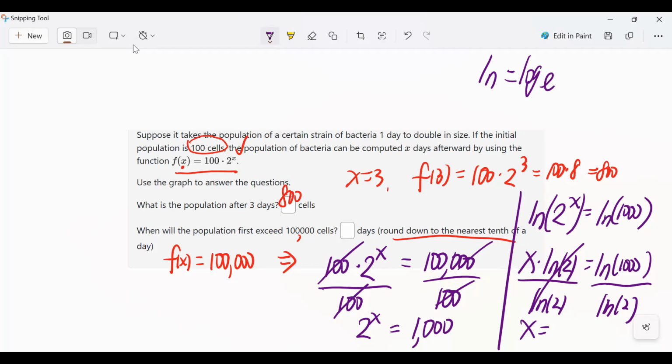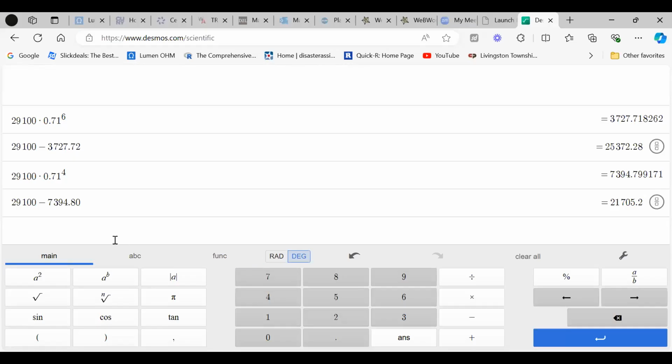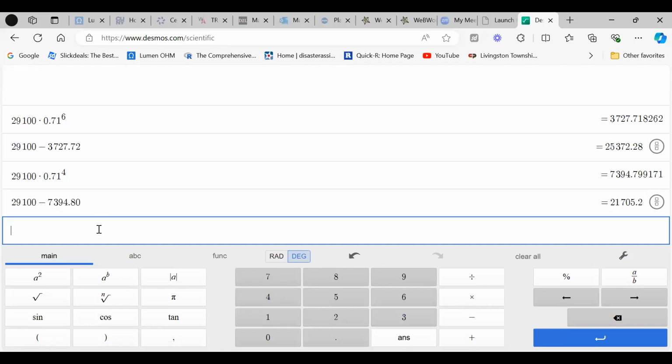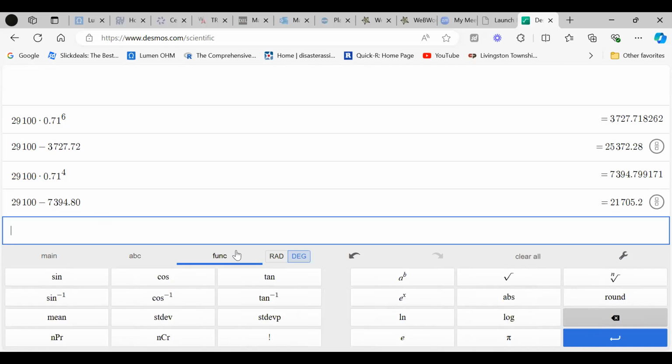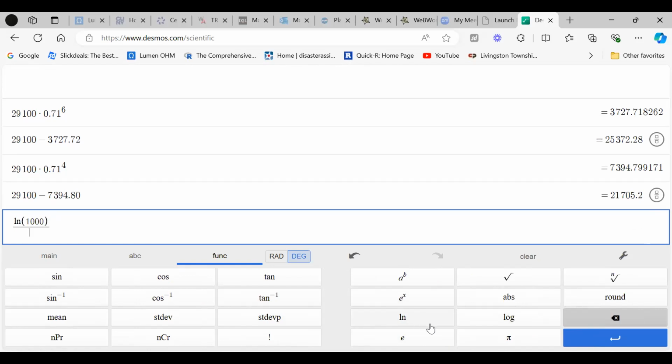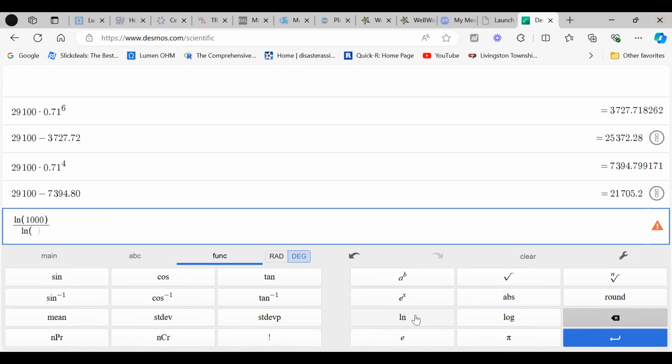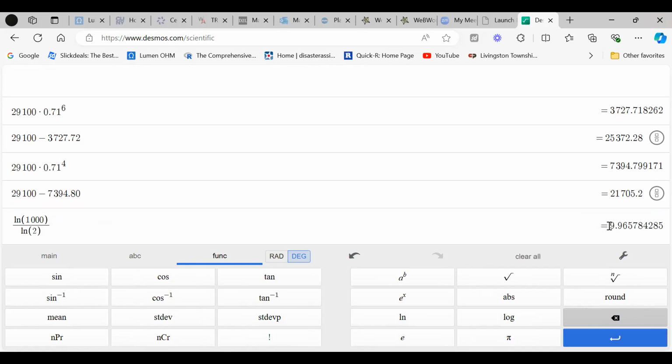One more time, let me show you how to get it done on the scientific calculator. You're going to need the ln function, right here. That's ln 1,000, close parentheses, divided by ln of 2. So that's one decimal, right? That would be about 10 days.